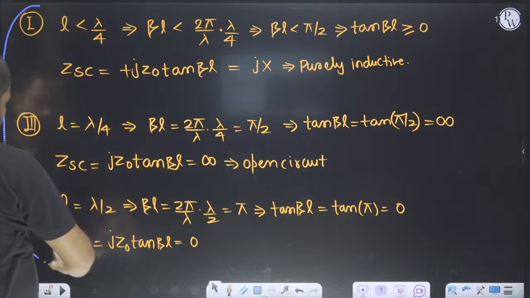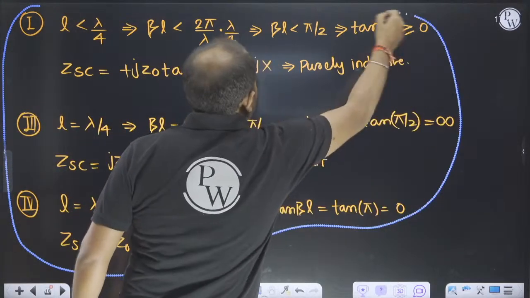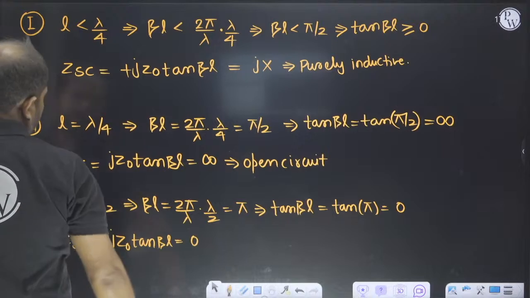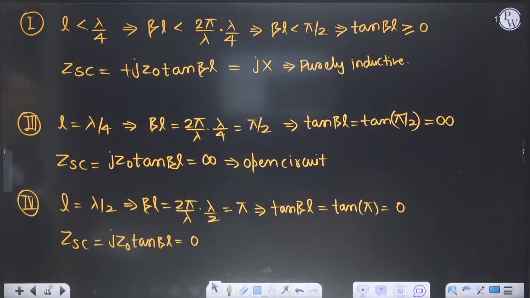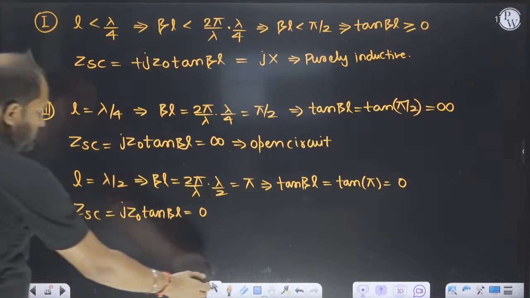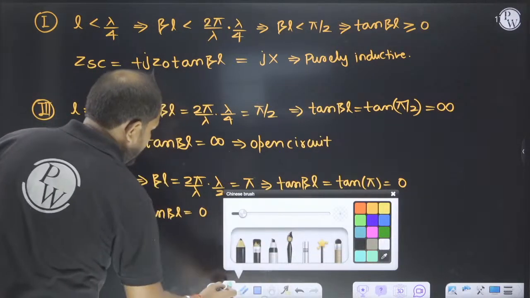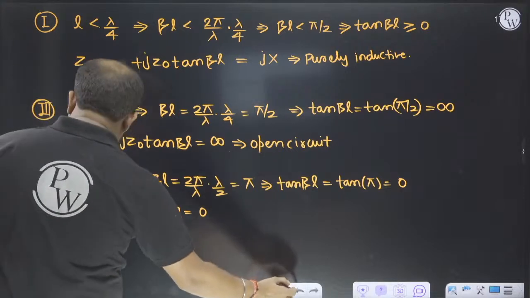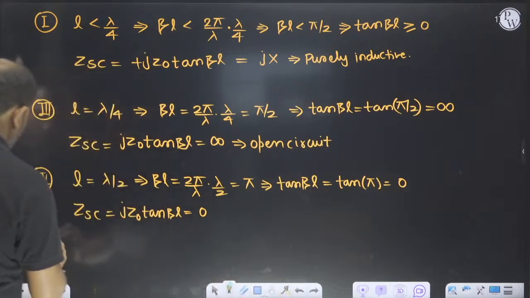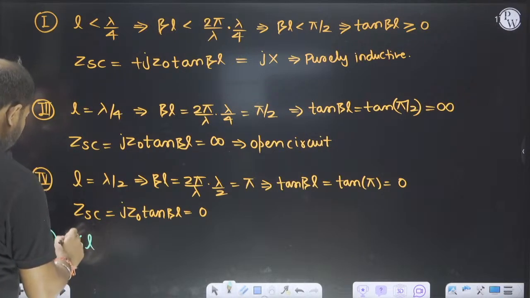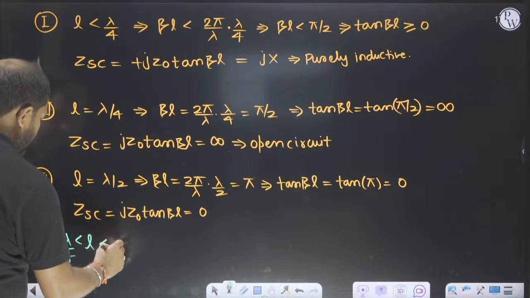Then we have one more length. Which length? We have length lambda by 4 to lambda by 2. So what will be the length in this case? Beta L will be equal to pi by 2 to pi.